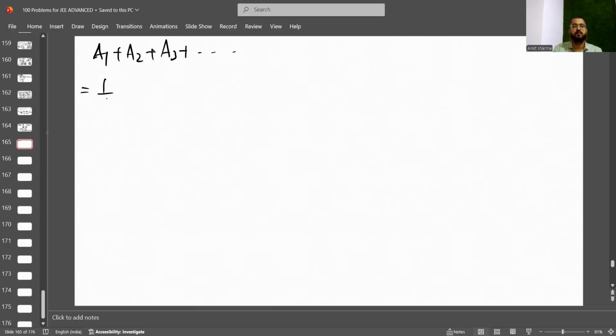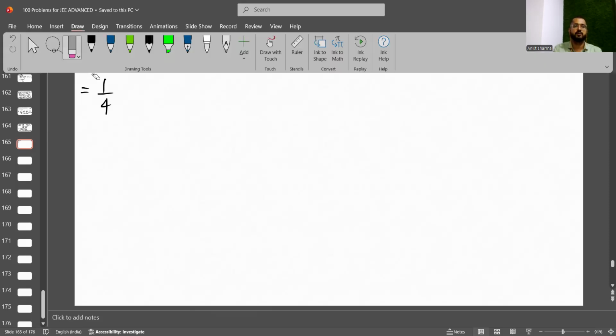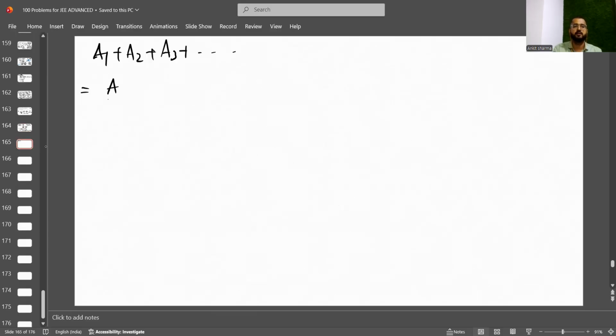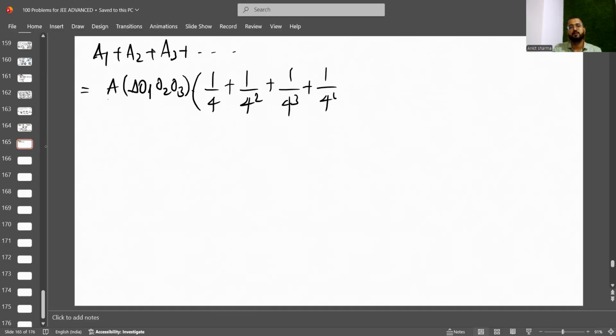We can take the area of triangle O1O2O3 common, since it's appearing everywhere. Then I'll be left with 1/4 + (1/4)² + (1/4)³ + 1/4 to the power 4, and so on.